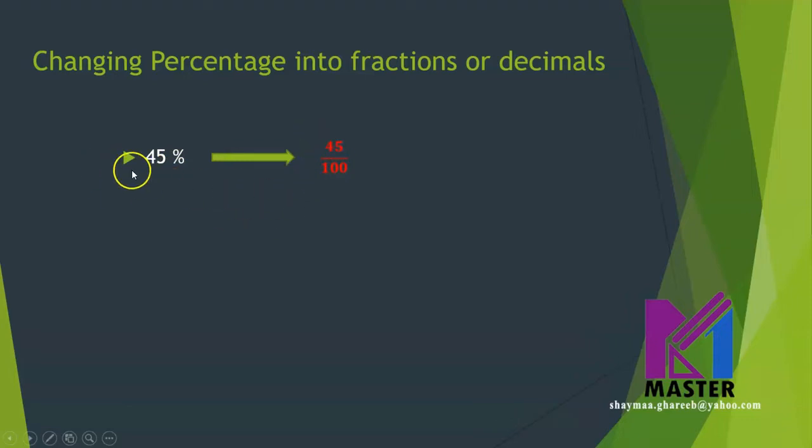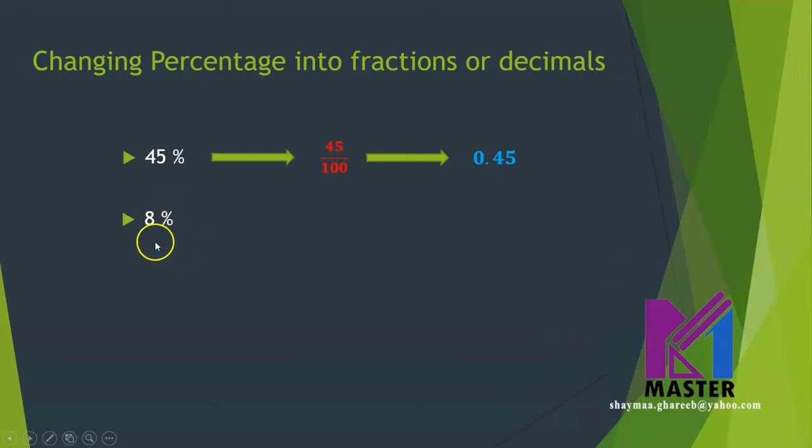They are equal to each other. So if I have 45 over 100 as a fraction and I want to change it into a decimal number, do you remember? 45 over 100 means 45 hundredths. So how to write 45 hundredths? 0.45. Is this clear?